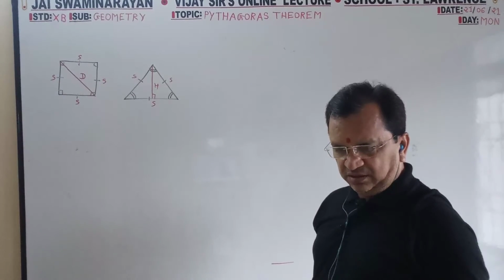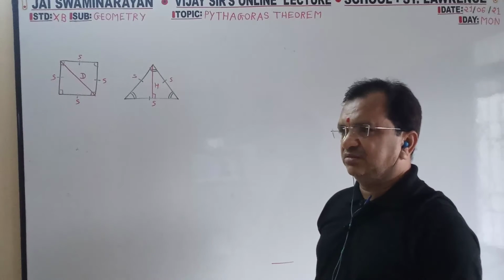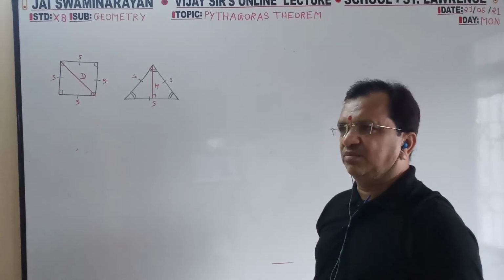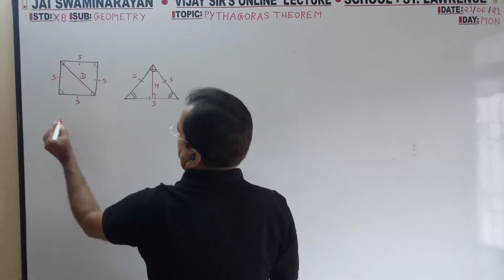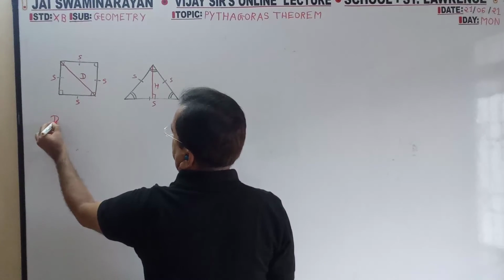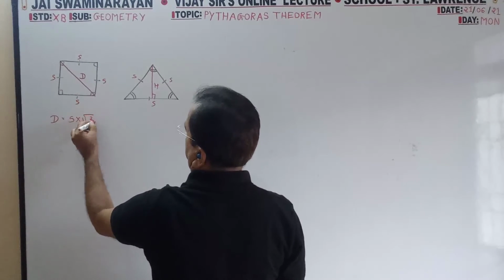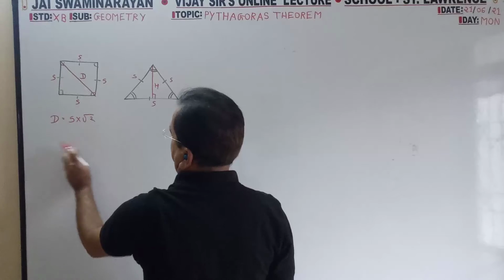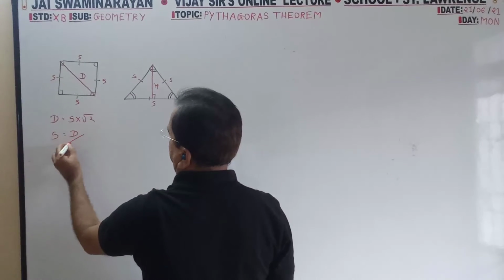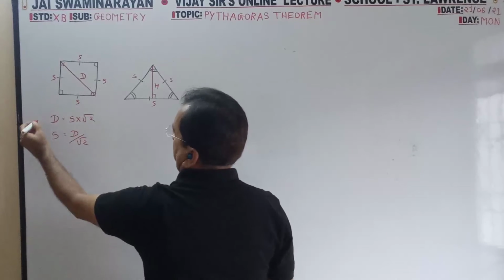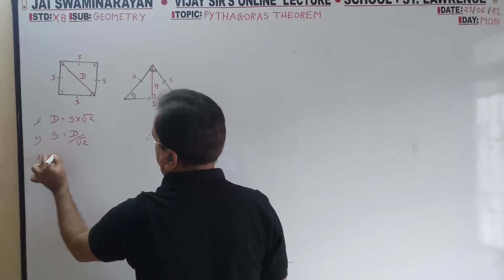Related to square, when they ask some calculations in 1 mark, 2 marks, very easily without using Pythagoras you can write. So diagonal is always side into root 2. One I will explain with an example. And side is equal to diagonal divided by root 2. So first formula, second formula, third formula.